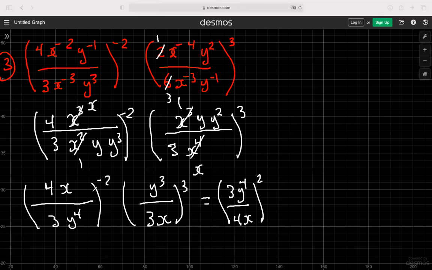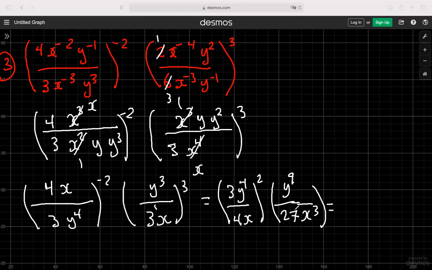So I'm changing this to positive, but to do that, I have to flip what's inside, and that's what I did. Times, and this here, I could just start distributing the exponent inside the bracket. So you multiply the exponents. So this will give you y to the 9. And 3 has a 1, of course. So that becomes 3 to the power of 3, which is 27. And x has a 1 also, so that becomes x cubed.